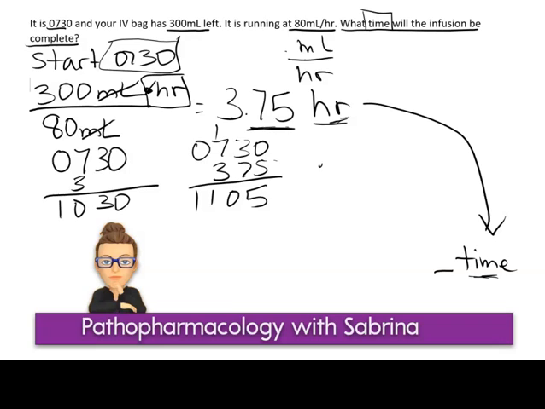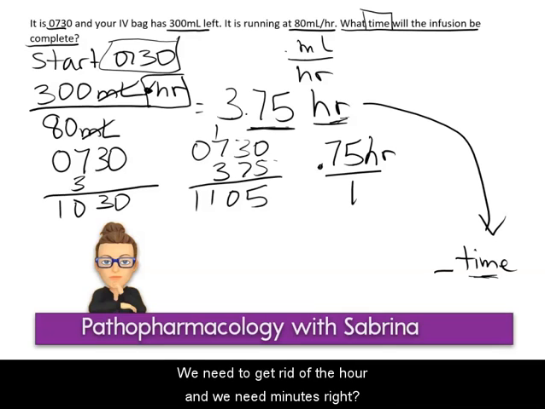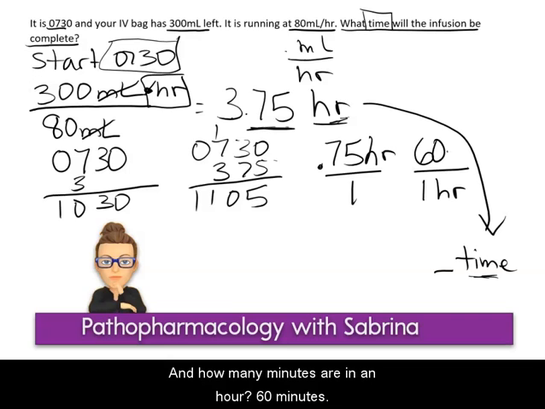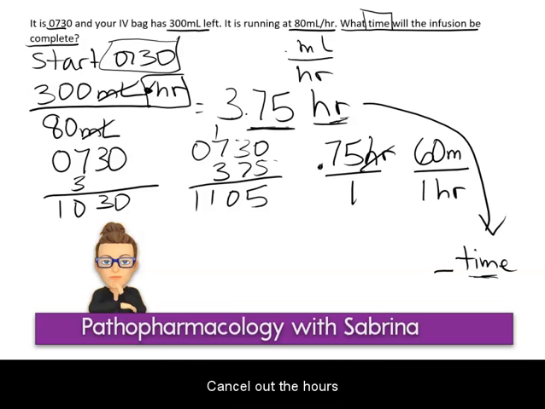So if we put 0.75 of an hour, we need to get rid of the hour and we need minutes, right? So we're going to put a line and we're going to put 1 hour down here. And how many minutes are in an hour? 60 minutes. So we're going to cancel out the hours. And now we're left with 0.75 times 60.